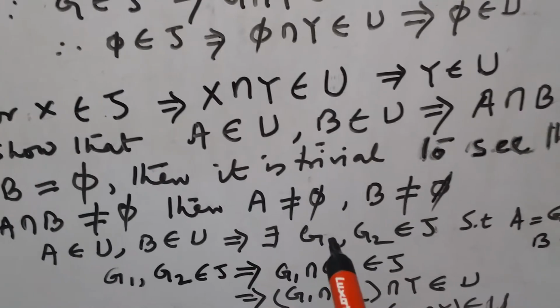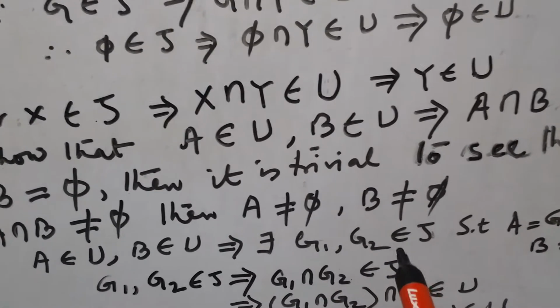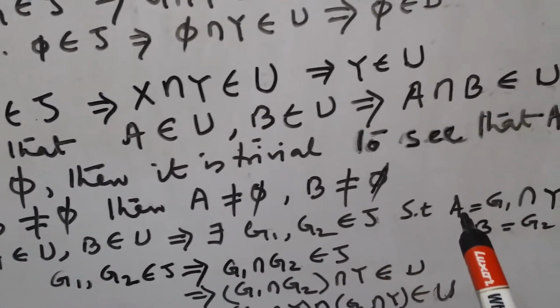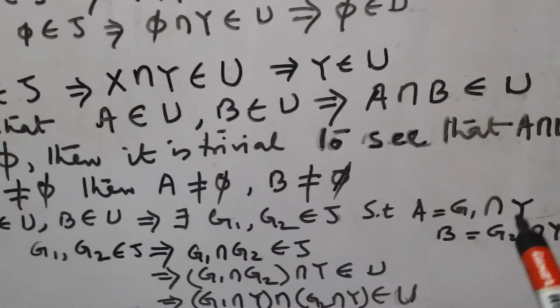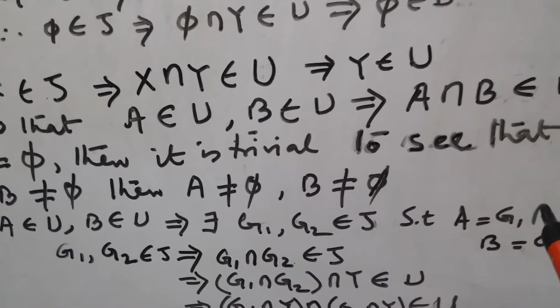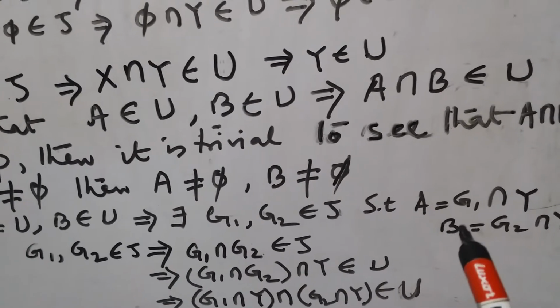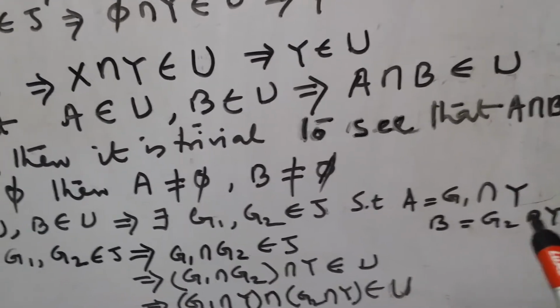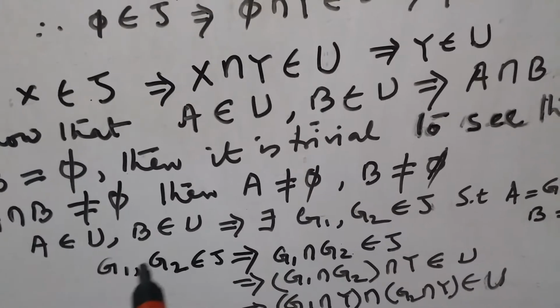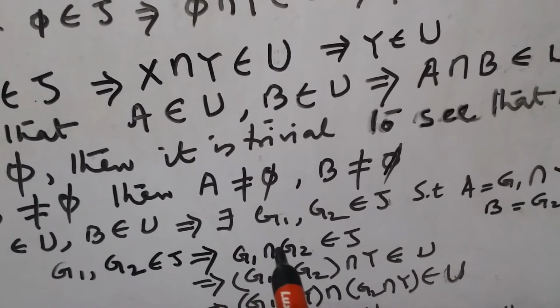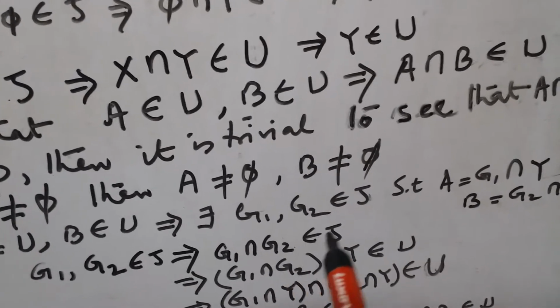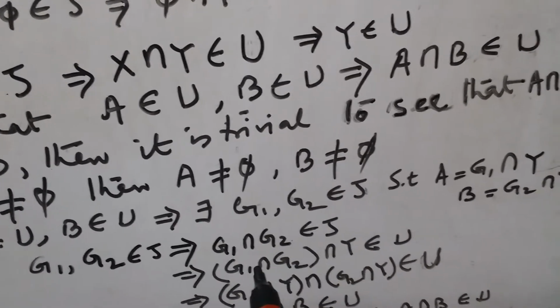There exist G1, G2 belongs to tau such that A is equal to G1 meet Y and B is equal to G2 meet Y. If G1, G2 belong to tau, then G1 intersection G2 belongs to tau.